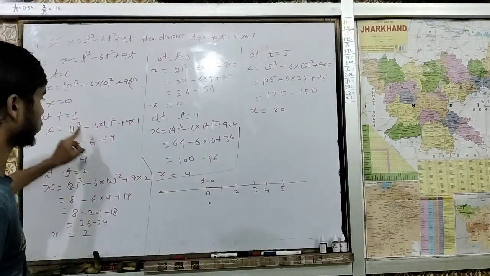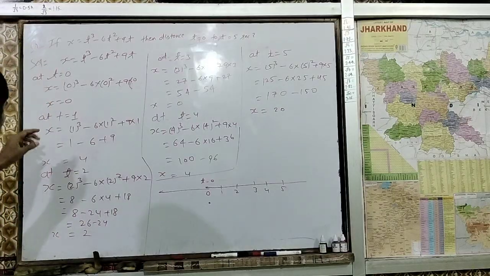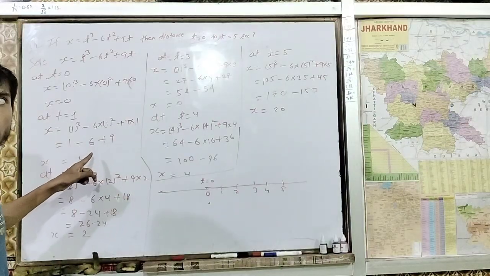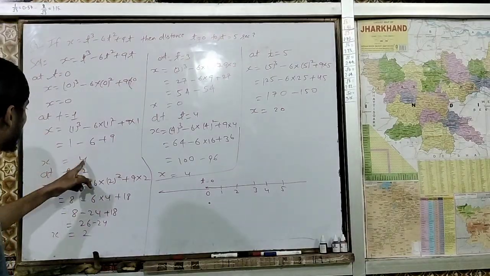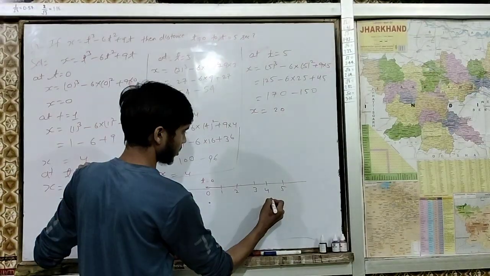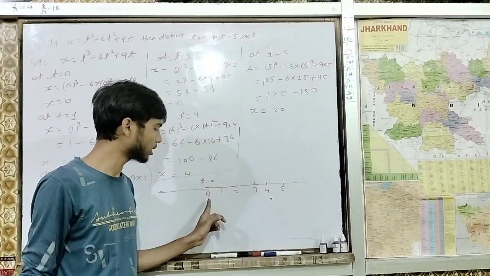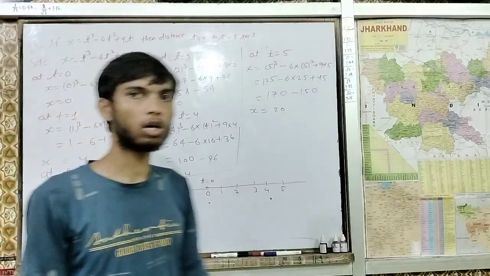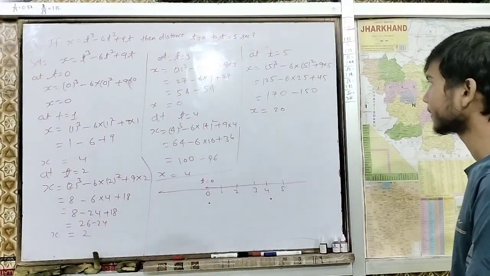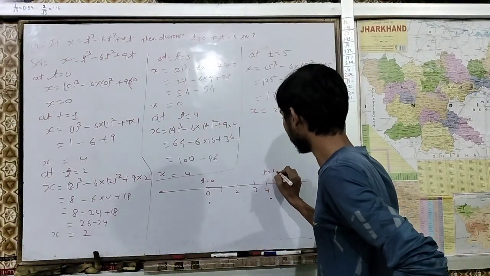So t is equal to 1 over here, and x is coming 4. Try to understand. In 1 second, how much did this object cover? 4 meter. 4 meter distance in 1 second.